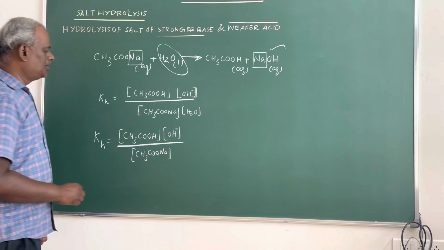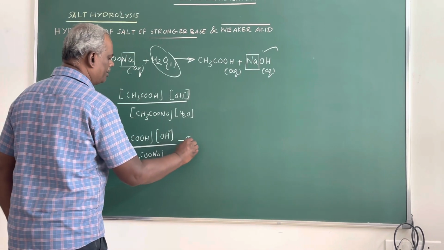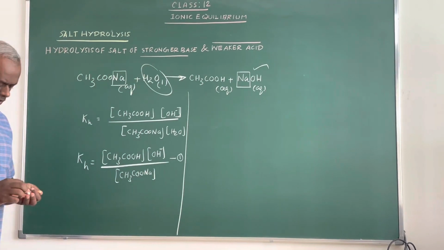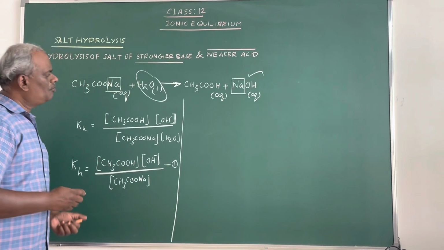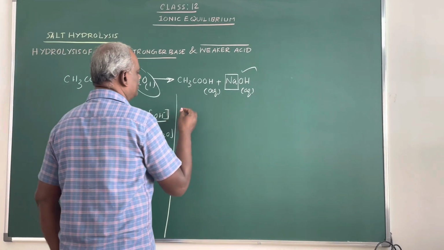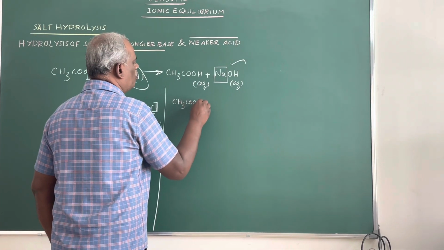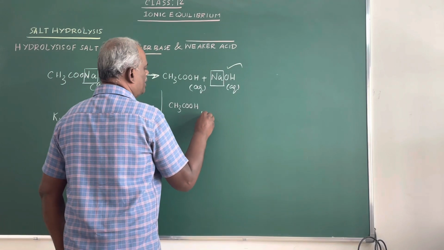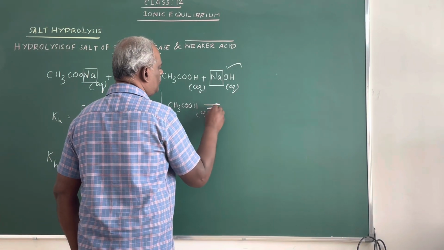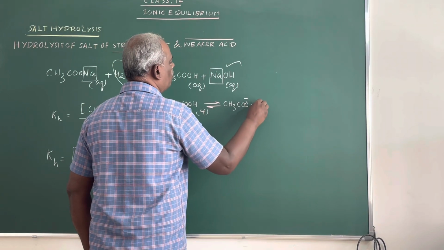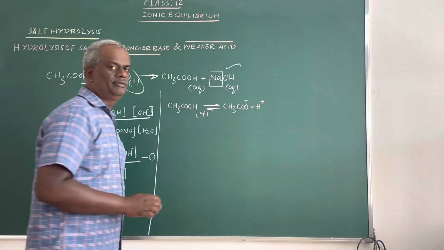This can be taken as equation number 1, and we can discuss what happens when acetic acid is dissociated. This is acetic acid, CH3COOH in aqueous form, getting dissociated to form CH3COO minus and H plus.